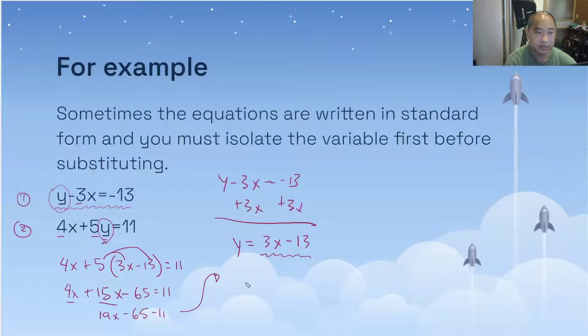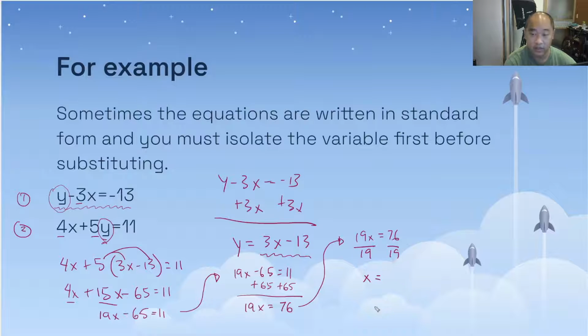Then we're just going to come up here for a little bit more space. 19x minus 65 equals 11. Then we're going to add 65 on both sides to get 19x equals 76. Then we're going to divide both sides by 19 to get what x equals.